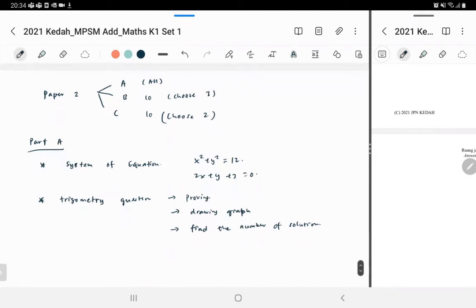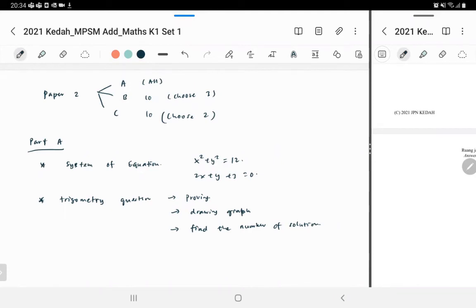So I'm not sure whether the real SPM have a format for it or not, because in the government syllabus, right, we call it the SKP. The government stated that there is no fixed format for any kind of the questions, but from the state paper, it seems like there is format.